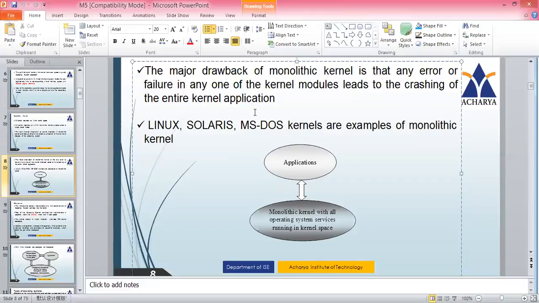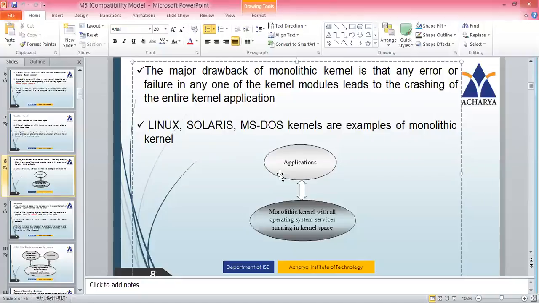If any single module in that entire package leads to an error, then the entire application will fail. The best examples of monolithic kernels are Linux, Solaris, and the MS-DOS kernel.